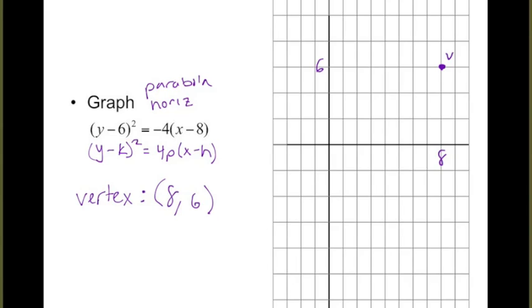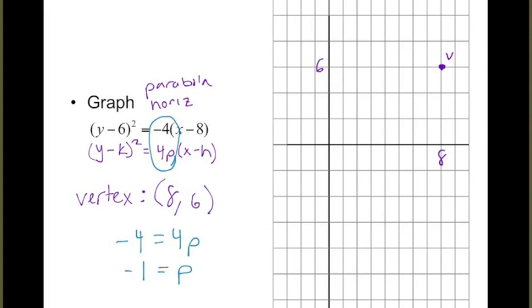Then what we need to do is find our p-value to find our focus and find out how wide this thing opens up. That number multiplier in front of those parentheses should be equal to the 4p. So negative 4 is equal to 4p. Means p is equal to negative 1. P is the distance from the vertex to the focus, and it's directional.